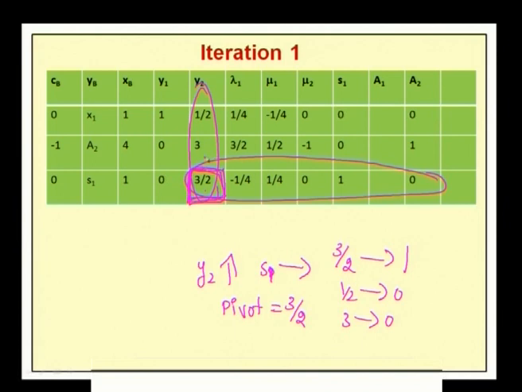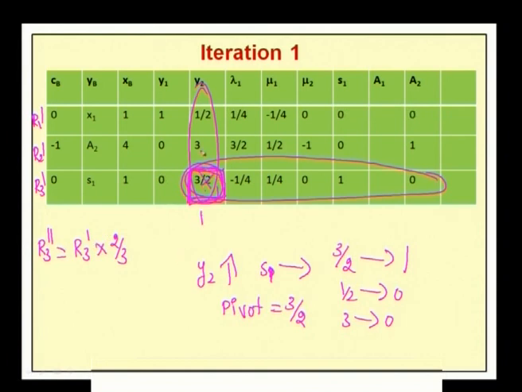As before, taking these as R1 dash, R2 dash and R3 dash, we convert this element to unity by dividing the entire row R3 dash by 3 by 2, or multiplying by 2 by 3. Dividing R3 dash by 3 by 2, we get R3 double dash, so that this 3 by 2 becomes 1.